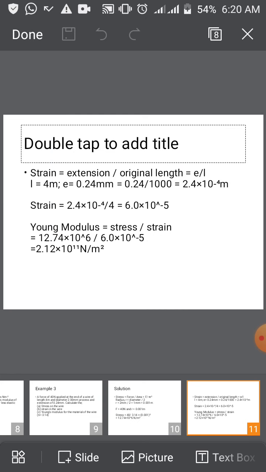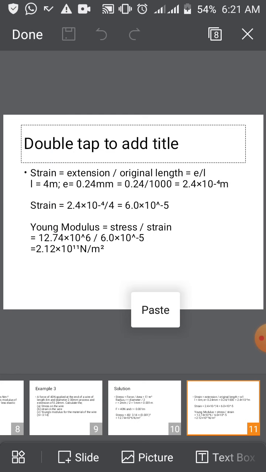Strain is equal to extension divided by original length. In symbols is equal to E over L. Where L is 4 meters, extension is 0.24 millimeters.